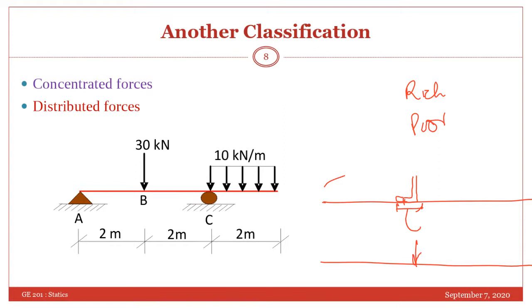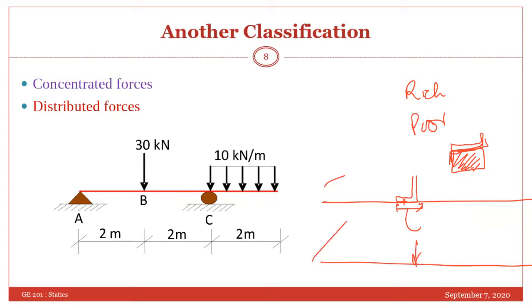But if the same man puts his leg over a concrete block, then of course it is acting over the entire length of the concrete block. So this will be a distributed force. At one place, when he is applying the force over a concrete block, it is a distributed force. But when he is applying the force over a long bridge, it is a concentrated force.